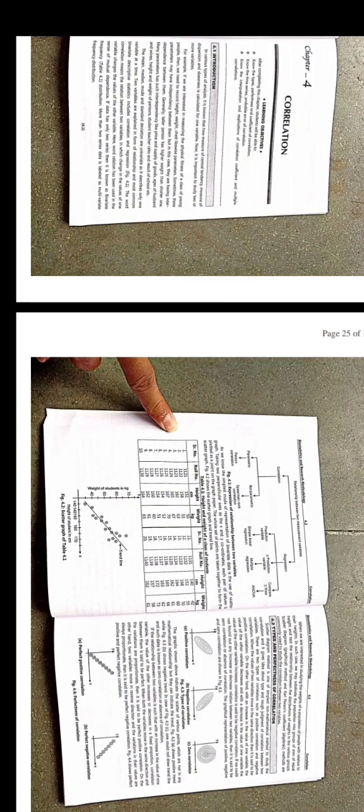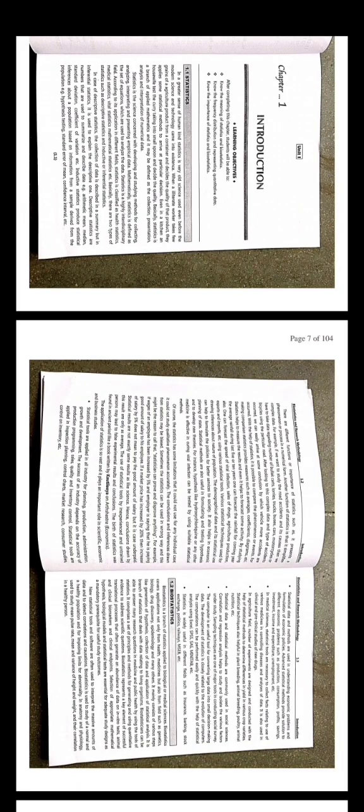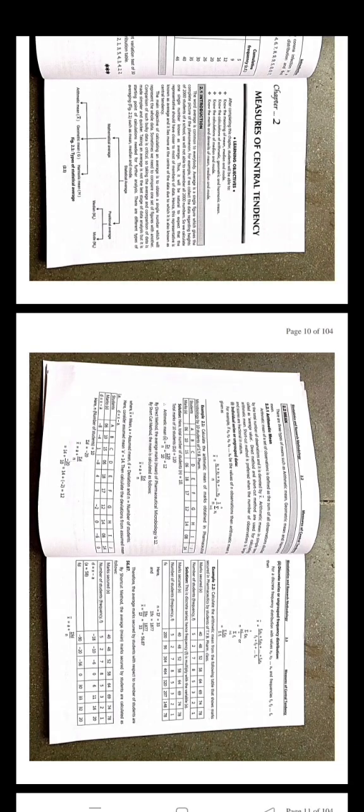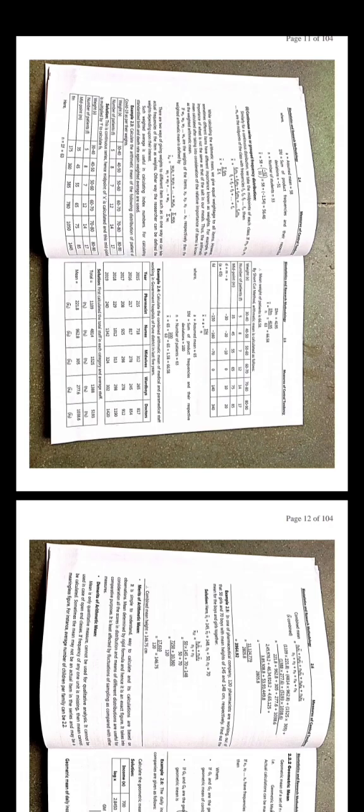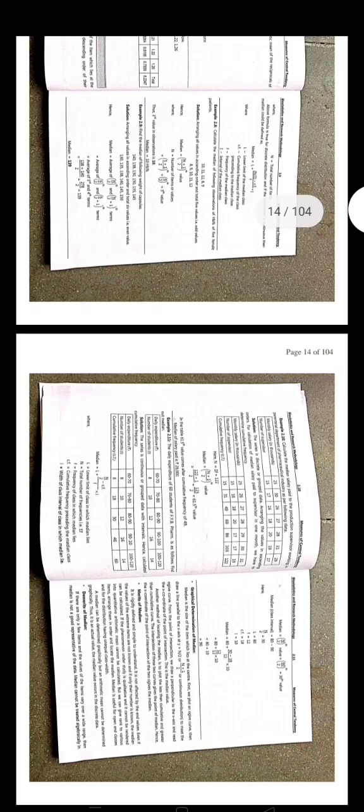It is impracticable and impossible to study the whole population due to the practical limitation and the factors that are indispensable and operative in studying the population.